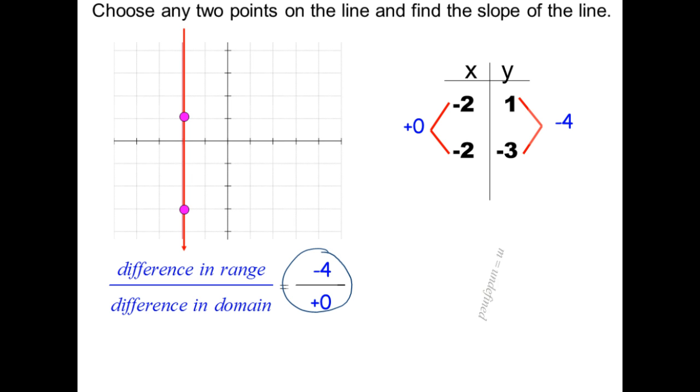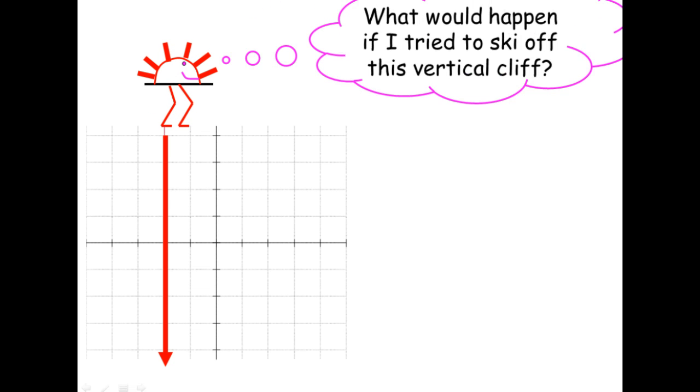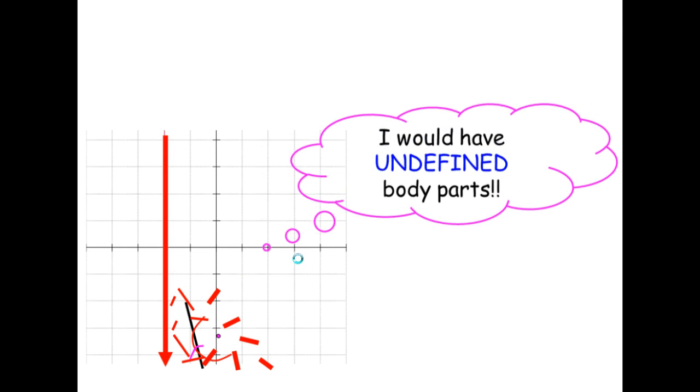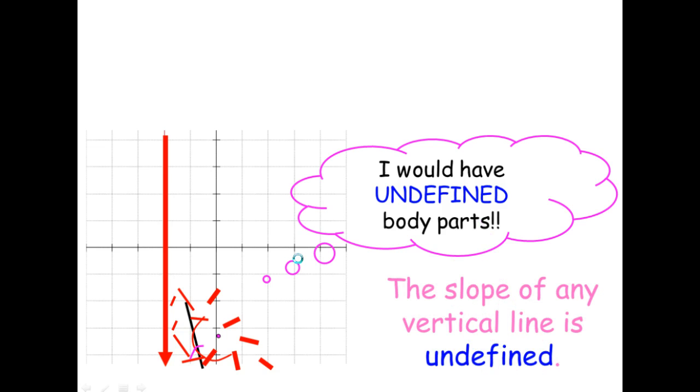That's a big no-no. In that case, the slope here will be undefined. So picture Mr. Slopeman moving. What do you think is going to happen if he's skiing down the slope? Okay, so the slope here of any vertical line will be undefined.